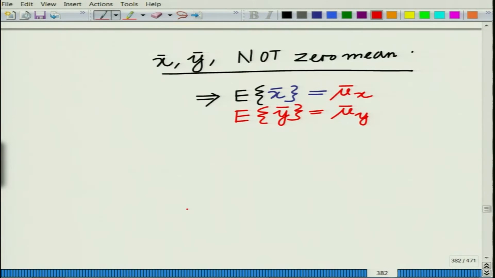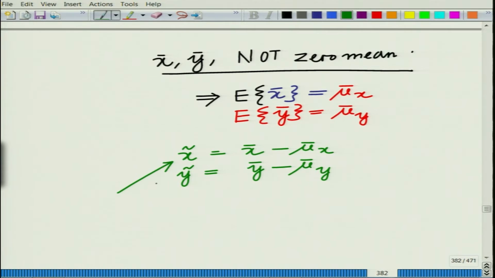Okay. Now, what we do is very simple: you subtract the mean and form the 0 mean quantities, x tilde equals x bar minus mu bar x, and y tilde equals y bar minus mu bar y.